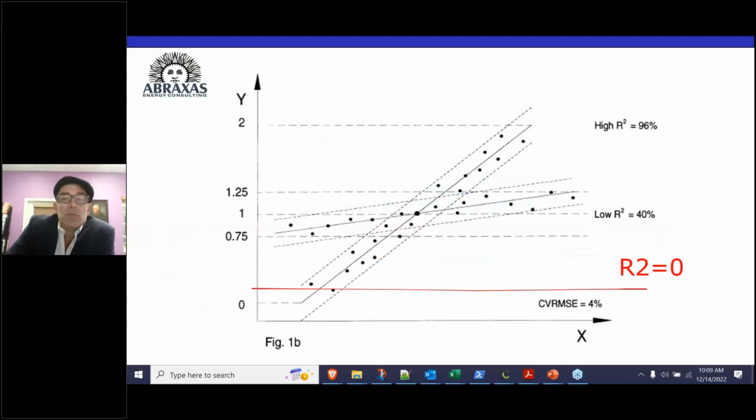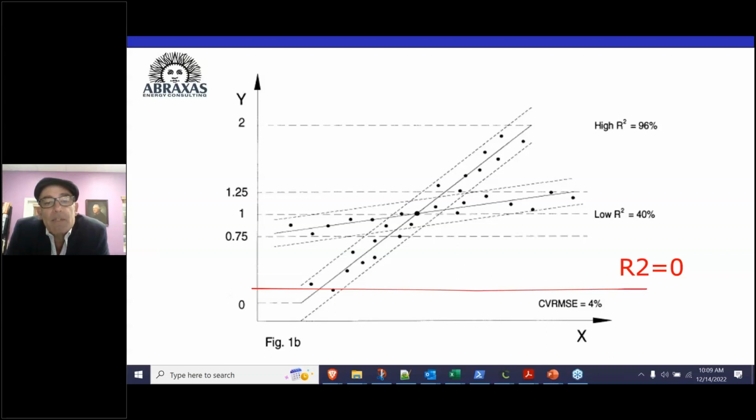The problem with the R squared value is that if you have, let's say, a less steep slope, you end up with a lower R squared value. So this graph is showing, in both cases, we have the same scatter or the same CVRMSE. You'll see that the dots are about equally far away from the fit line.